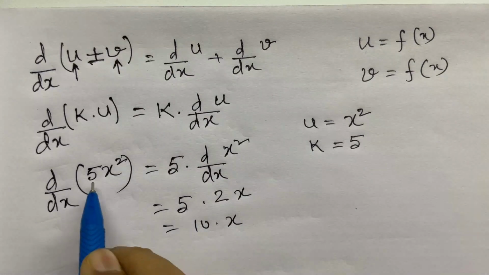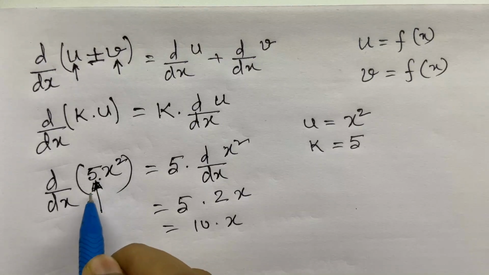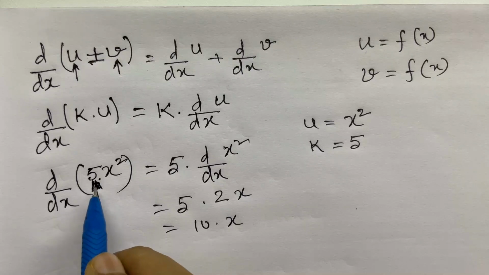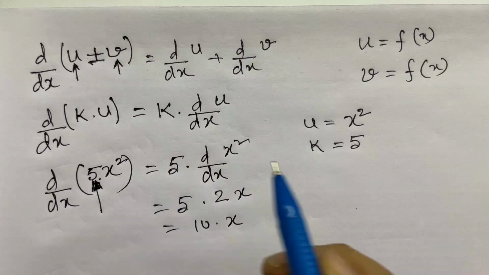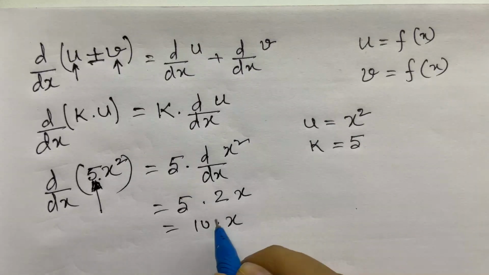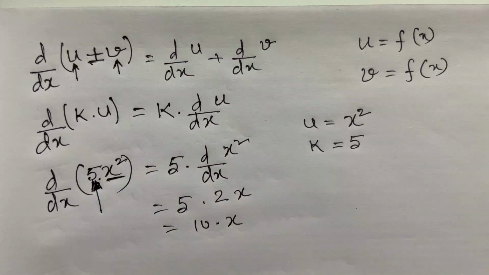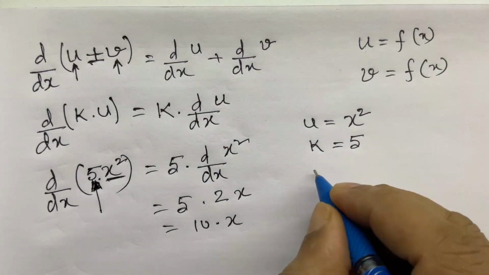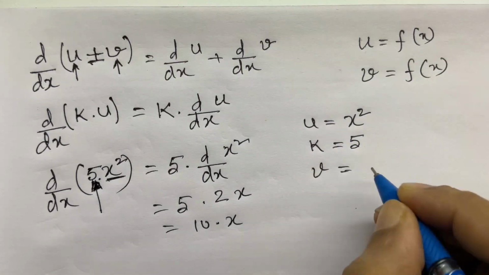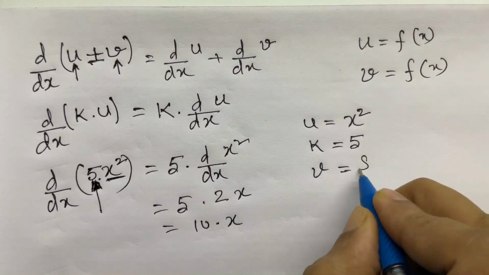So this is the way, if any constant part or numerical values are there, you can keep them aside and do the differentiation for the variable part. Variable means the part containing x. Okay, same, take v equal to say sin x.